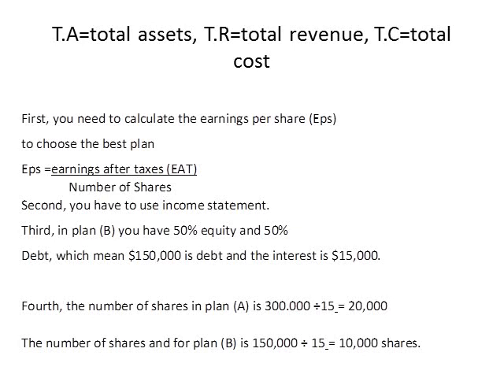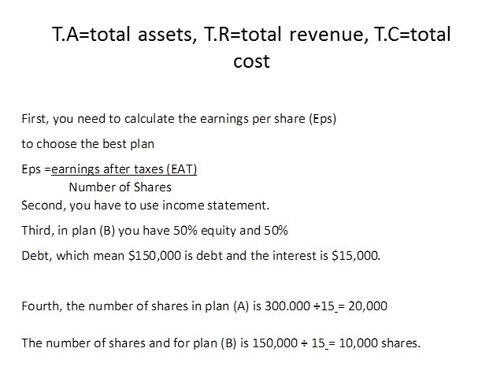The third step, in plan B you have 50% of financing relying on equity and 50% of financing relying on debt, which means 150,000 is debt and the interest is $15,000. From where did we get these numbers? The total assets equal $300,000 in both plans. 50% rely on debt and 50% rely on equity, which means 150,000 will be debt and 150,000 will be equity.